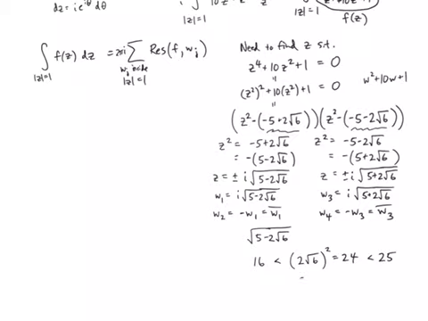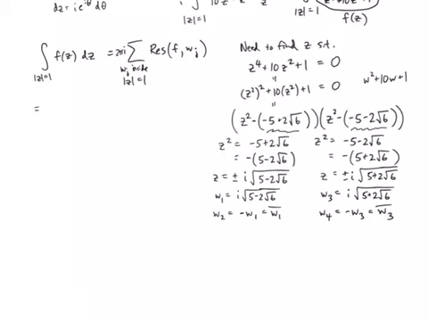So that tells us that 2 root 6 must be between 4 and 5. So 5 minus 2 root 6 must be between 0 and 1, and if we take the square root of it, it's still between 0 and 1. So the magnitude of the square root of 5 minus 2 root 6 is between 0 and 1. So w1 and w2 are the singularities inside of the unit circle.